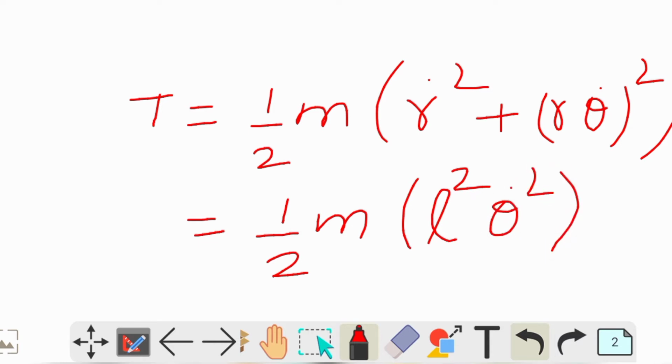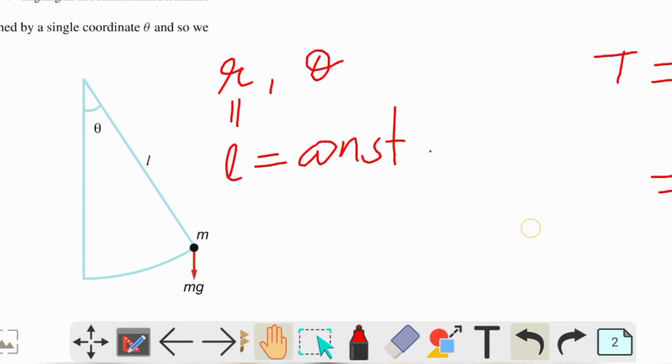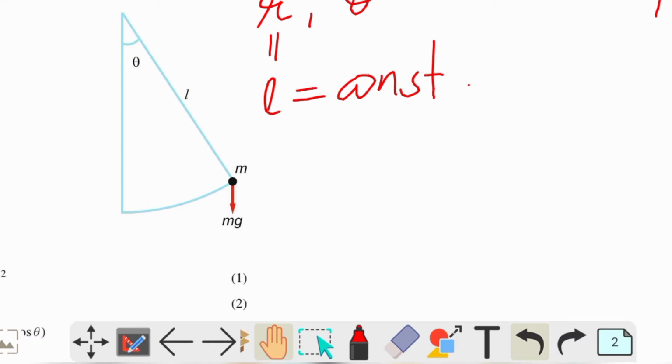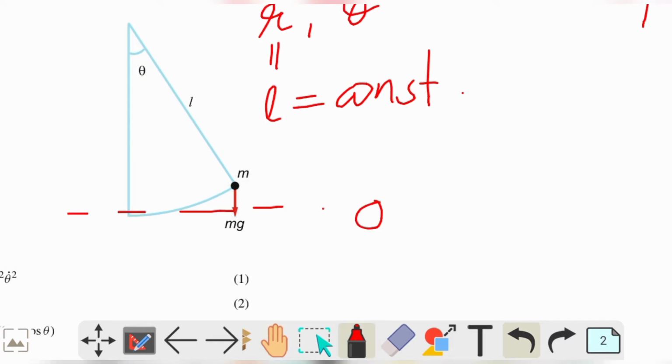So for the Lagrangian we have to find the kinetic energy as well as the potential energy. Now from the diagram let's calculate the potential energy. We take this as the reference point for the potential energy. Let us suppose the mass is at height h from this point.